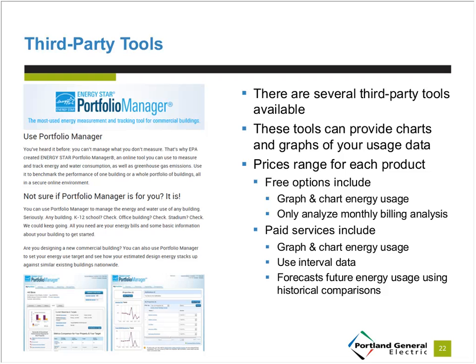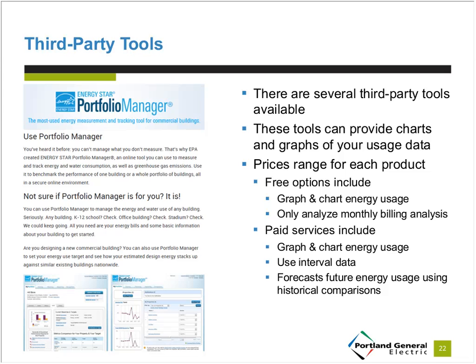For those of you who are in the Portland city limits, there is going to be a new requirement that your building, if it's 20,000 square feet or above, is going to require an Energy Star rating. I think for 2015, it starts with buildings that are 50,000 square feet or above, and then in 2016, it's going to be buildings that are 20,000 square feet and above.